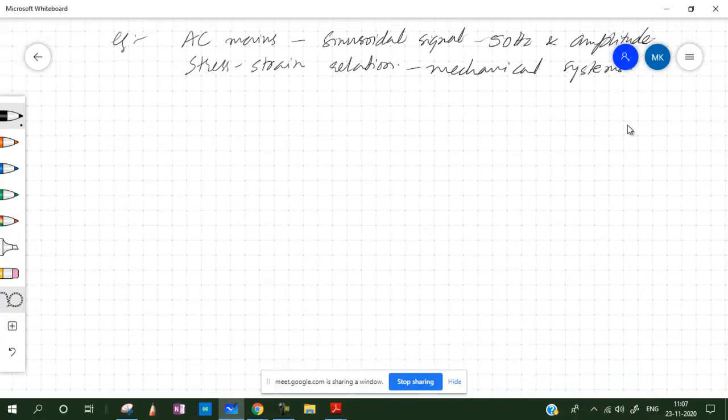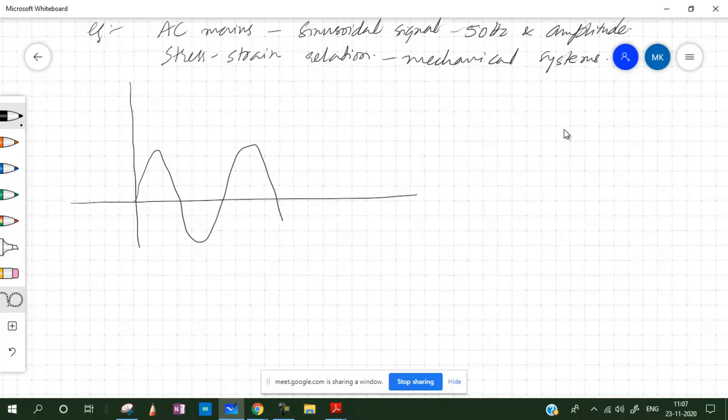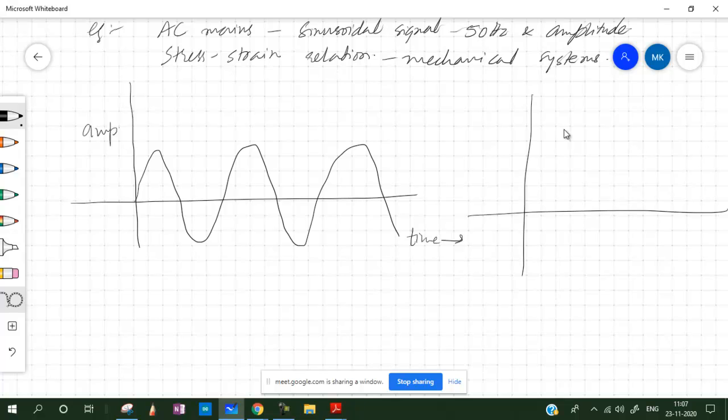Just to show it in the form of a graph, an amplitude versus time graph, this is the AC signal. This is the amplitude, you can see the voltage here, and this is the time. So this is analog. Similarly, we have the stress strain relation of some elastic or semi-elastic members, with force versus time. So this is also analog in nature.